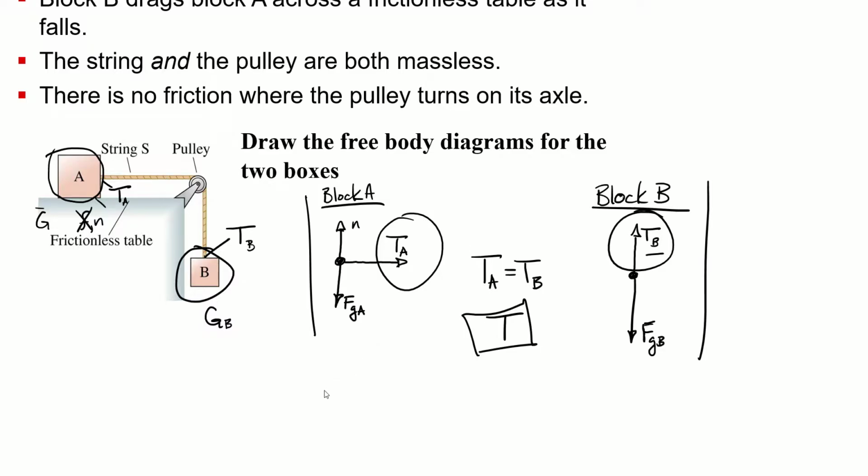One thing I always like to point out is with Newton's third law, action-reaction pairs, you will never see an action-reaction pair on a single free body diagram, right? Because remember, the action-reaction pair comes from the agent and object relationship between those forces.